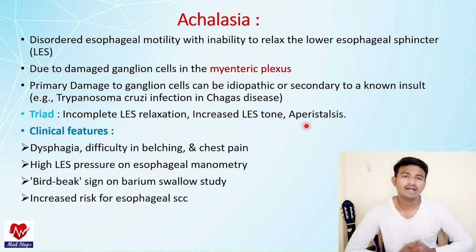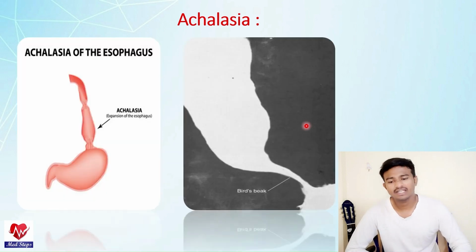If you see the imaging of achalasia, you will get a bird-beak type of structure. And because of achalasia, there is a risk of esophageal cancer or small cell carcinoma. If you see this image, here is achalasia of the esophagus.